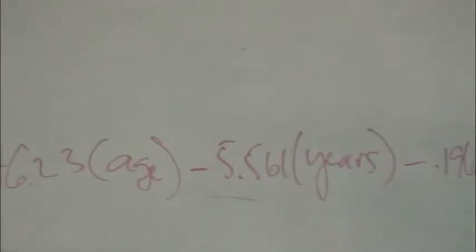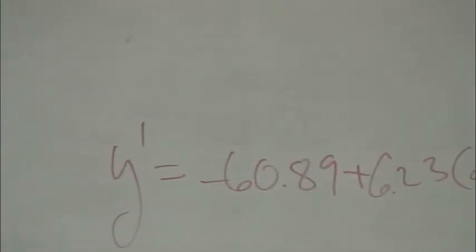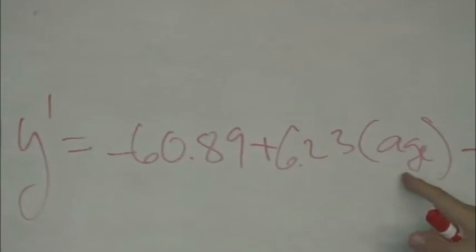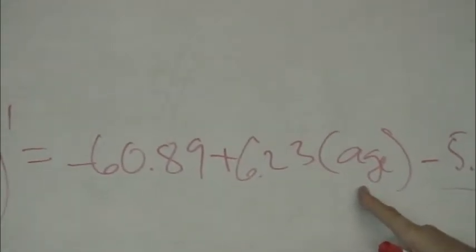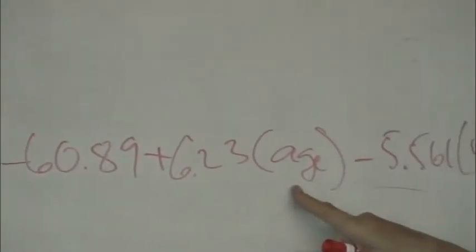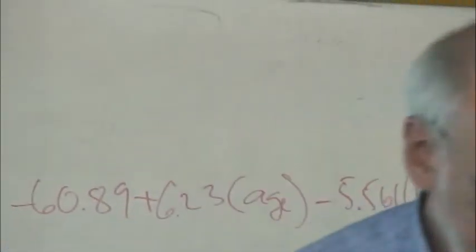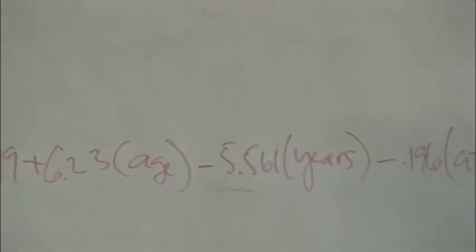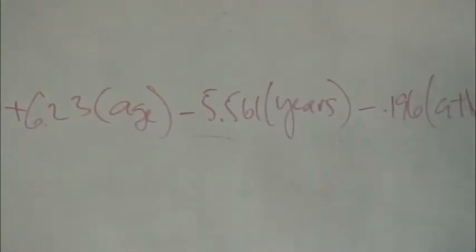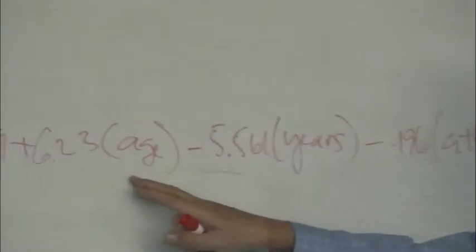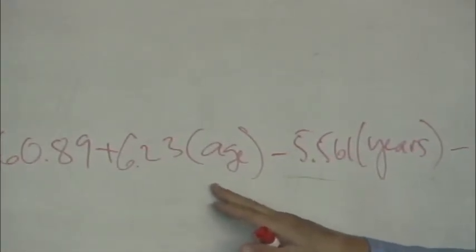Okay, so let's interpret those. That means for every 1 year of age, salary goes up by 6.23. I don't know how they actually measured salary here. Whatever those units are for salary, it can't be $6. So for every year older you are, your salary goes up.